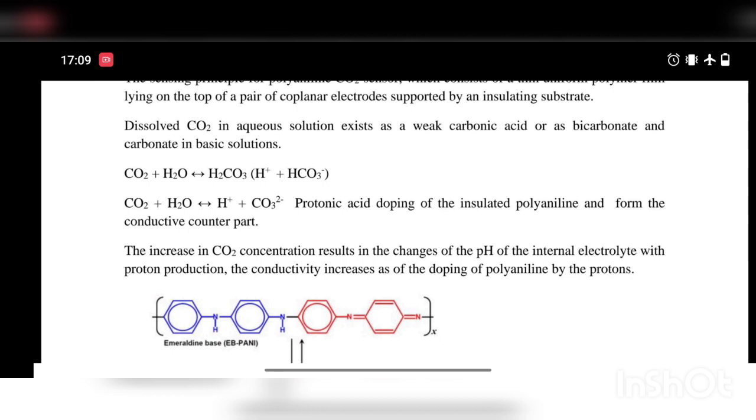So the increase in CO2 concentration results in a change of the pH of an internal electrolyte with proton production. Then the conductivity increases due to the doping of polyaniline by the protons.